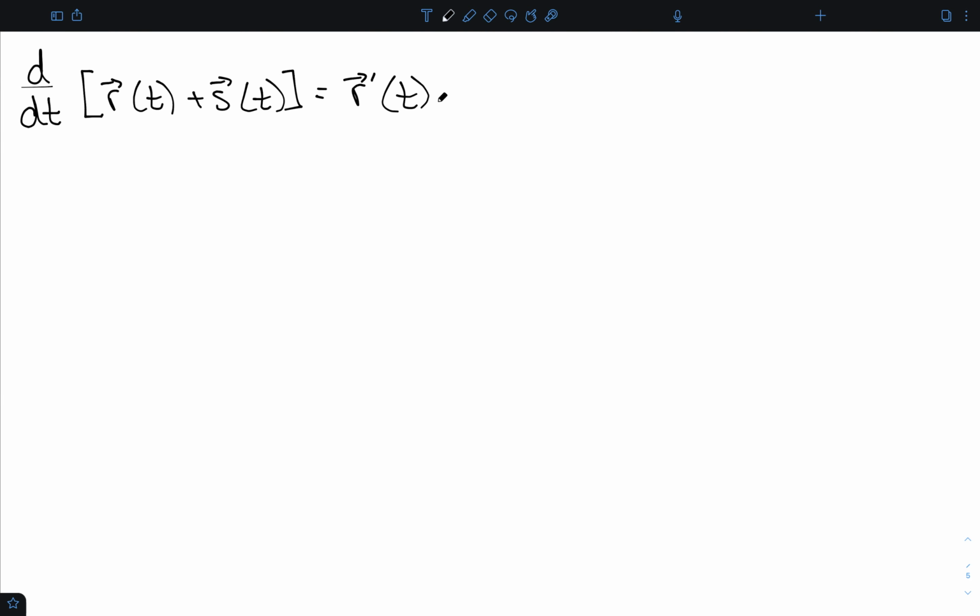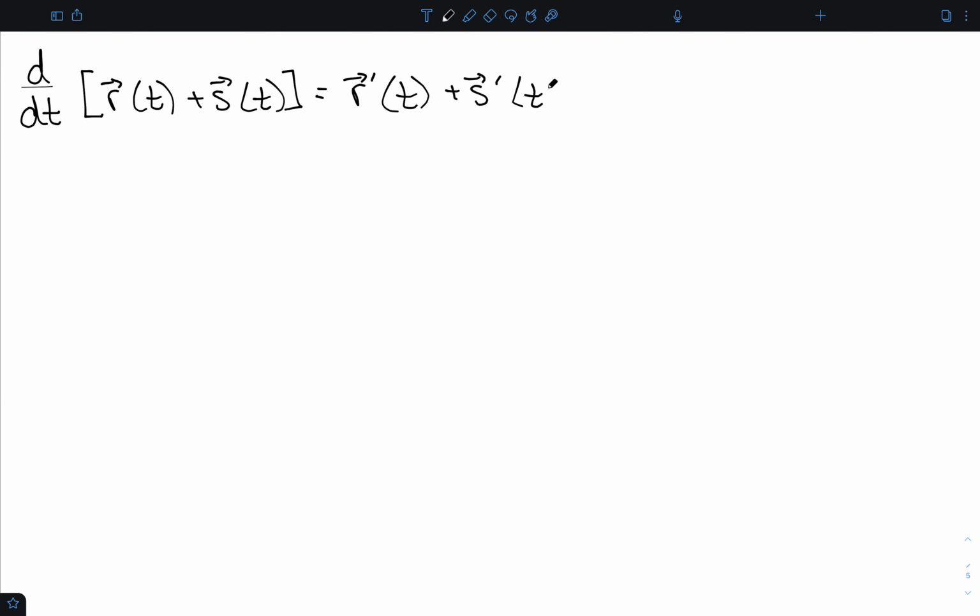There are some basic properties of the derivative that we have. First, the derivative of a sum, r of t plus s of t. This works exactly the way it does in single variable calculus: r prime plus s prime.